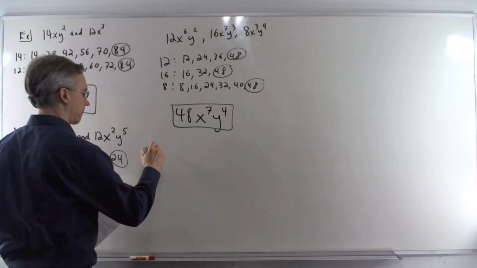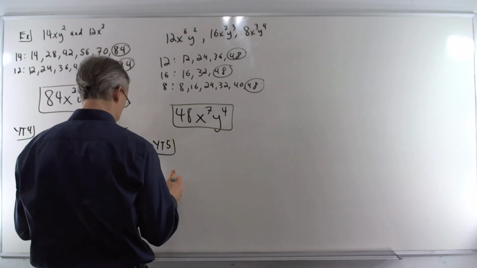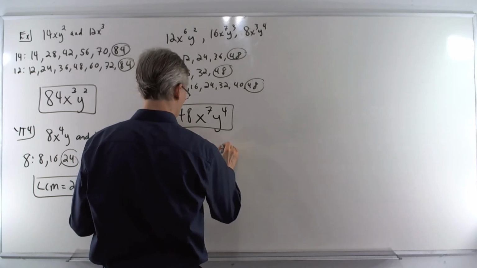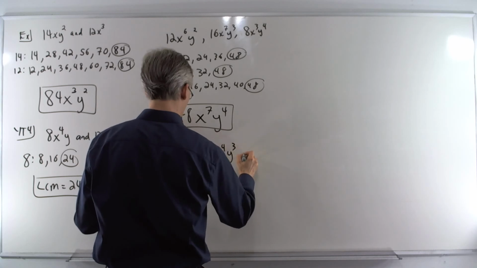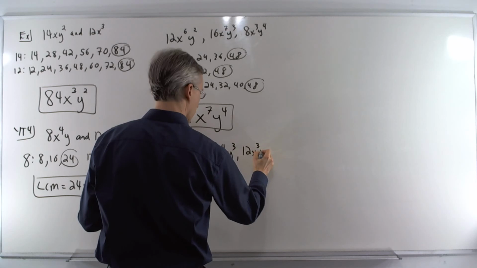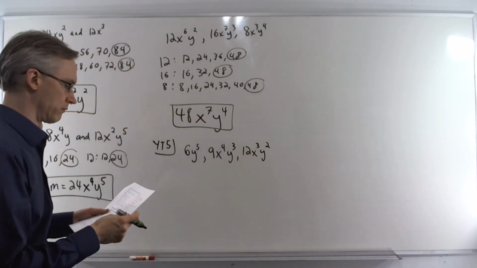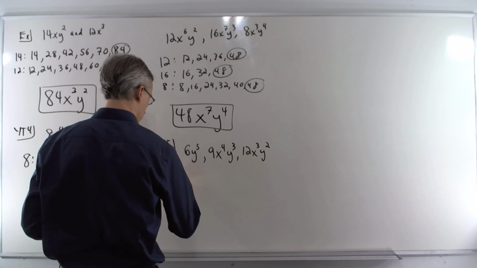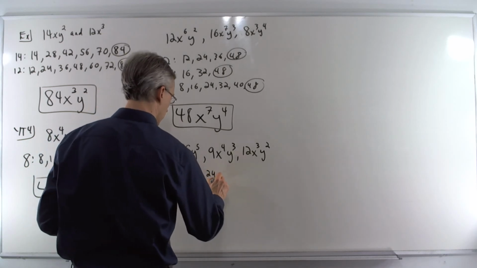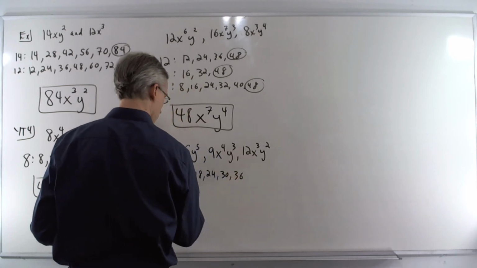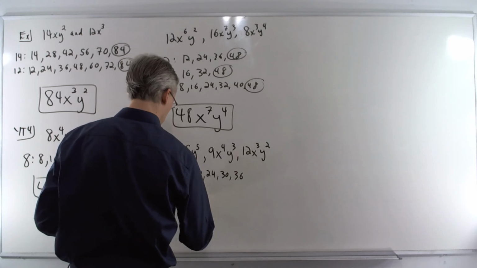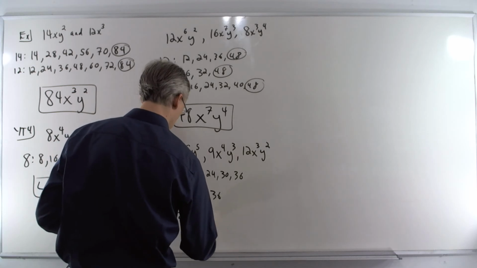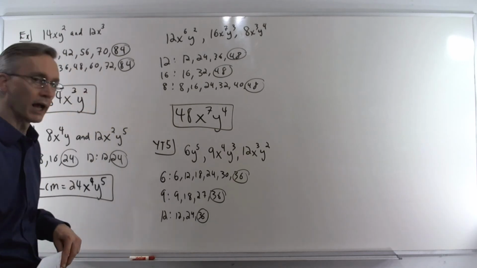Your turn, number 5. So for the numbers, LCM is 36.